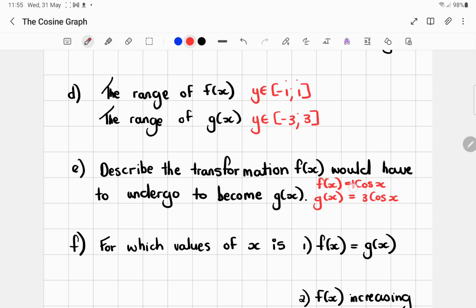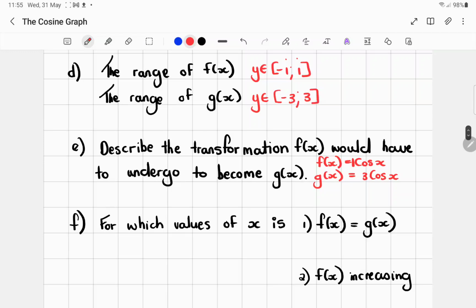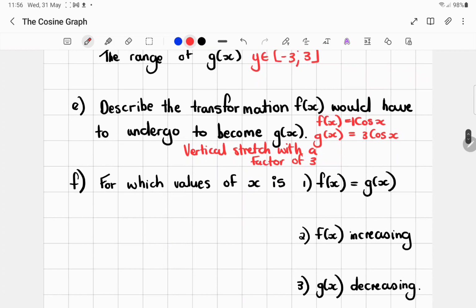So the only thing that happened, can you see that the amplitude changed from 1 to 3? So it was a vertical stretch with a factor of 3.